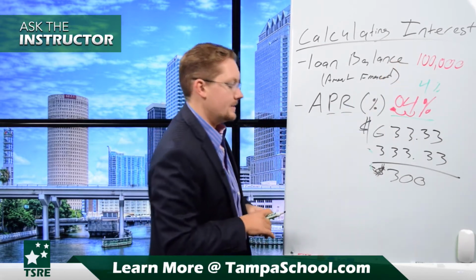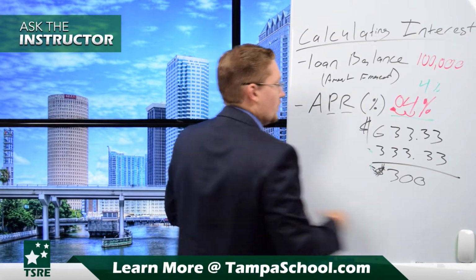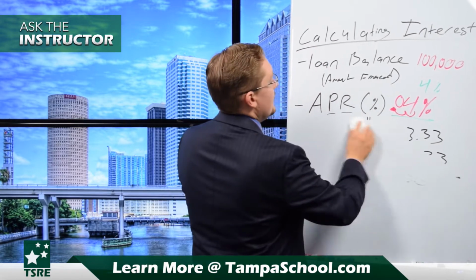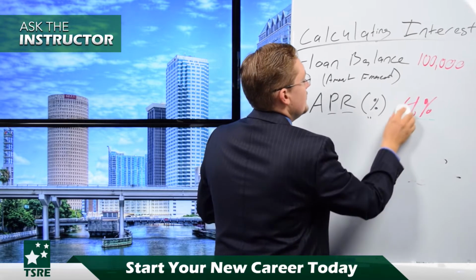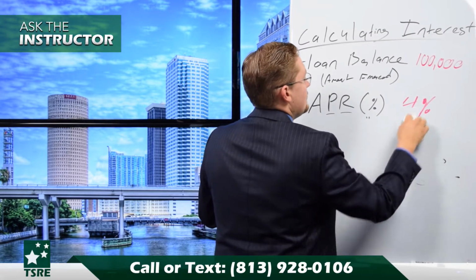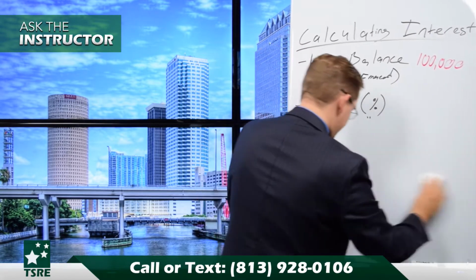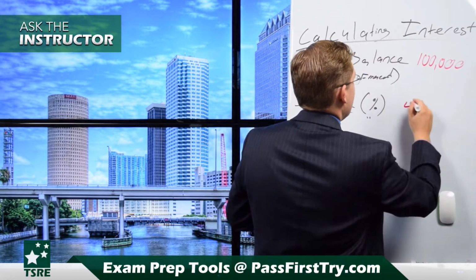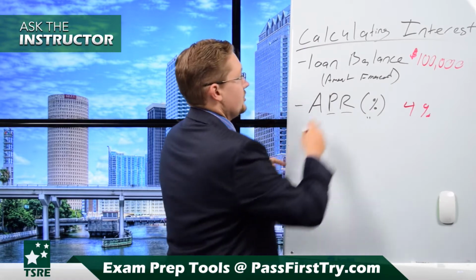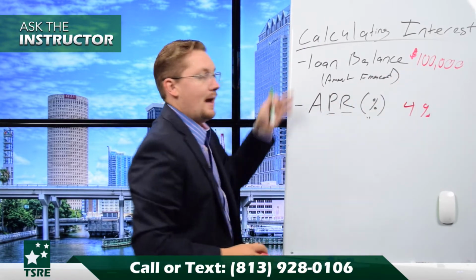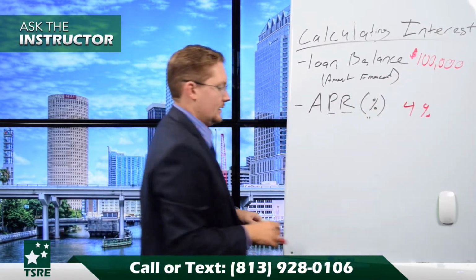And in order to do amortization, for calculating interest, you really just need two pieces of information. You need the interest rate, the APR that we just figured out. Let's go ahead and rewrite that. You need your starting loan balance, the amount financed for whatever we're starting the calculations with.